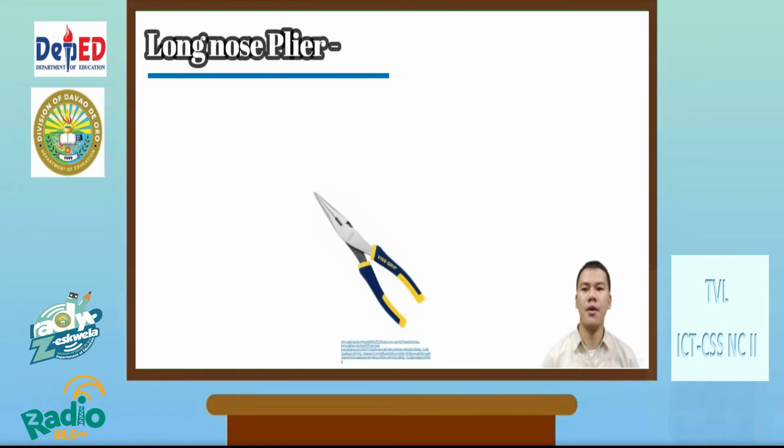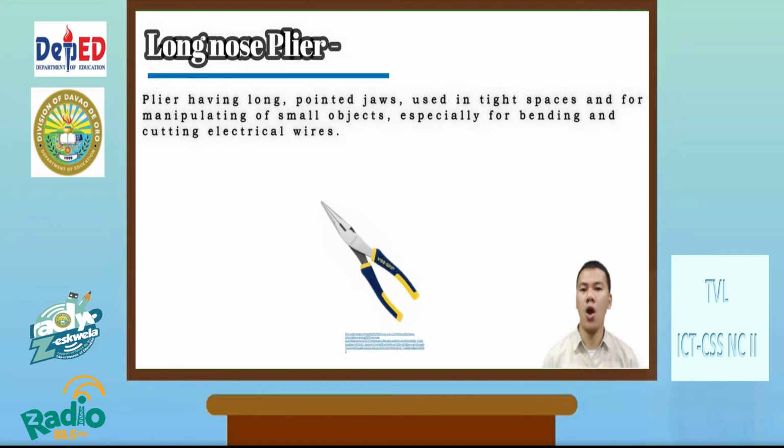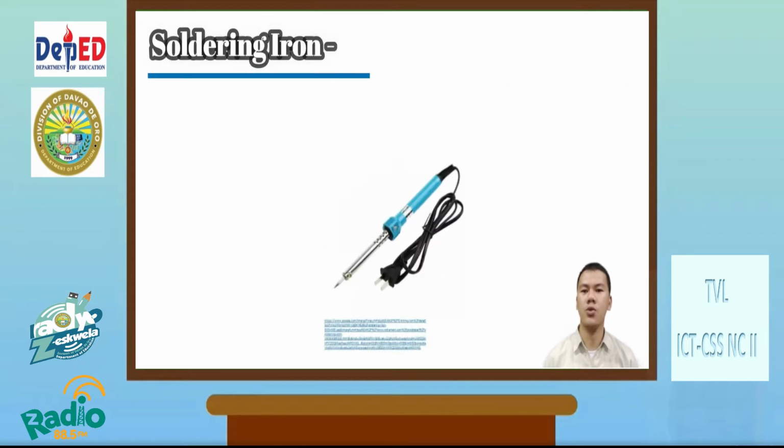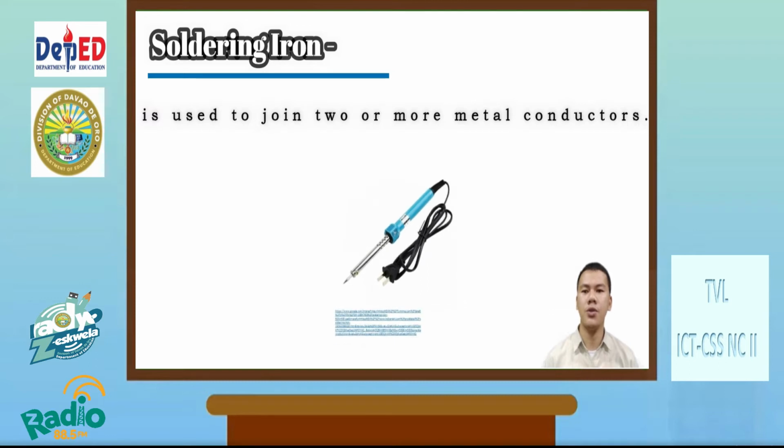Long nose plier. A plier having long, pointed jaws, used in tight spaces and for manipulating small objects, especially for bending and cutting electrical wires. Soldering iron is used to join 2 or more metal conductors.